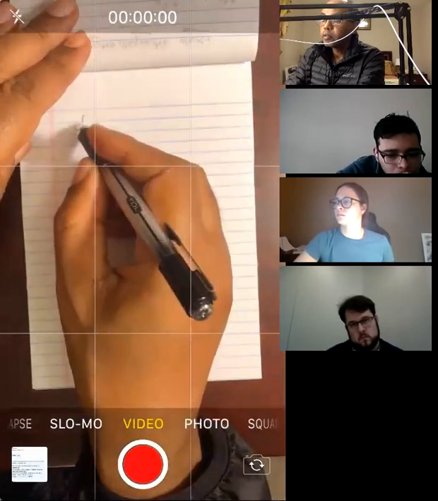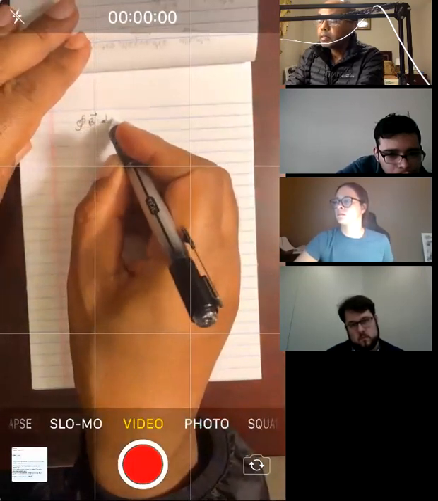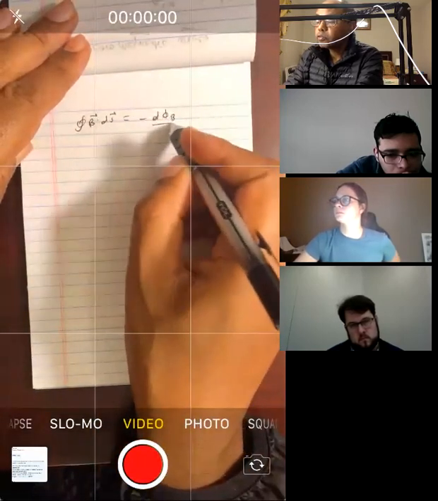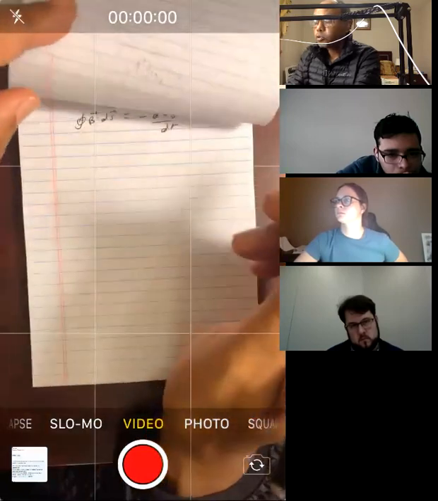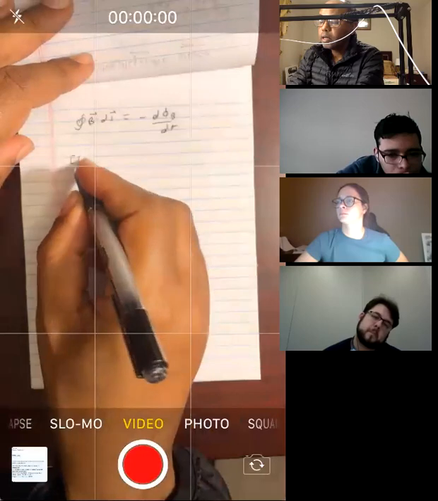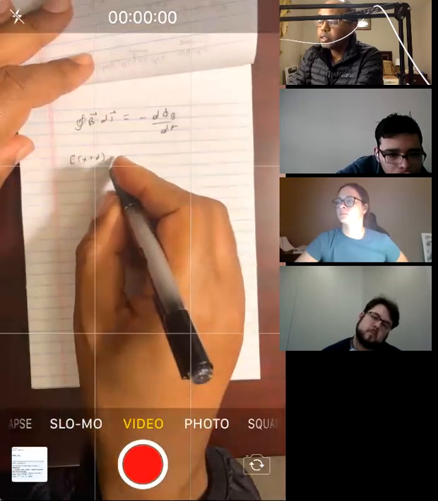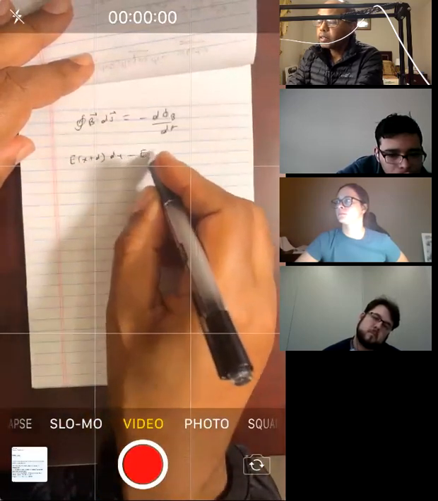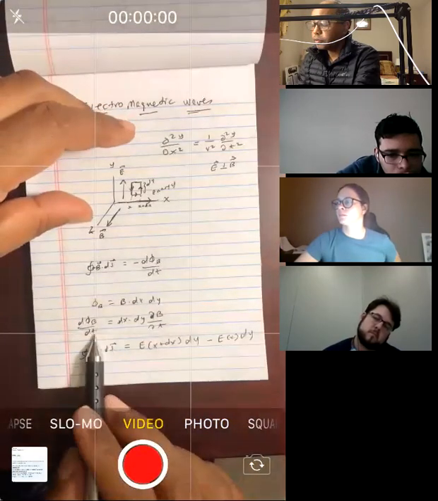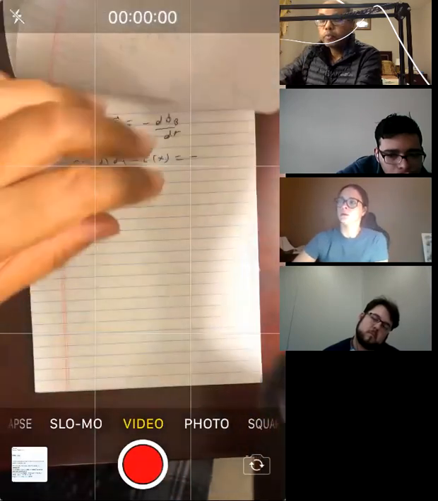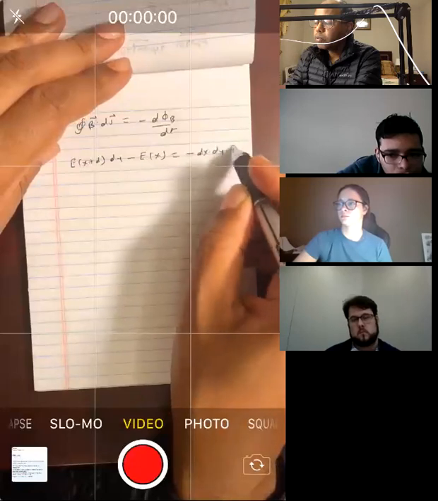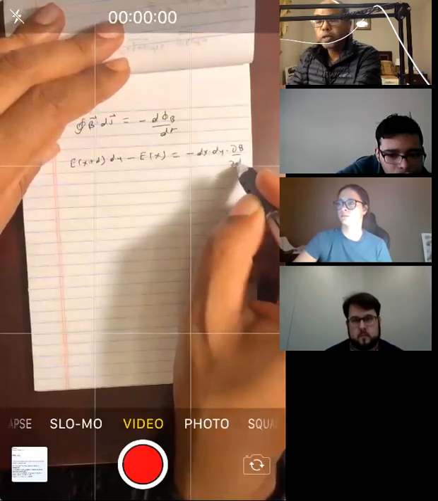So now let's go back to this integral. We have this E dot ds equals negative the derivative of magnetic flux with respect to time, okay? So we just showed that this line integral over here is E at x plus dx times dy minus E of x, equals the negative of, and we did this derivative too, dx dy times the partial derivative of magnetic field with respect to time, okay?